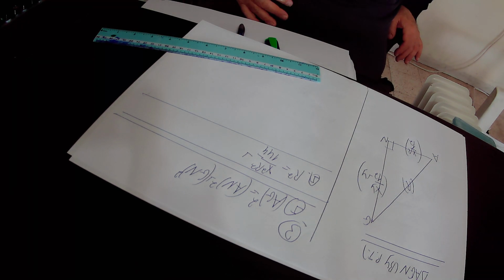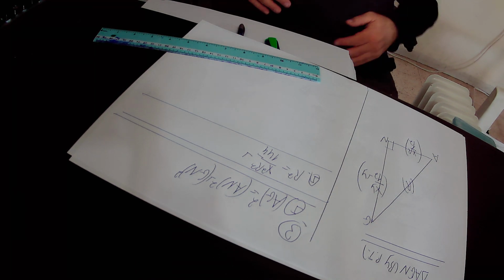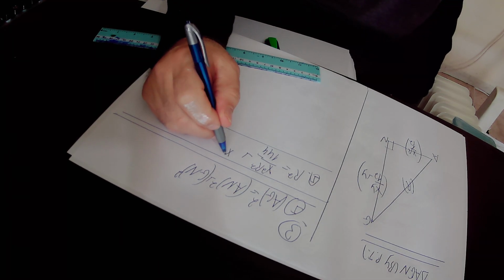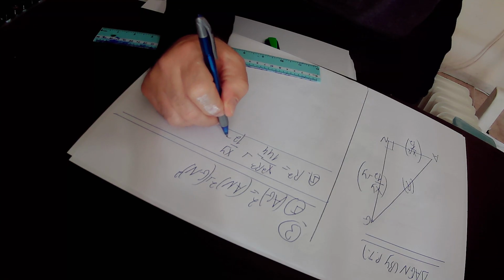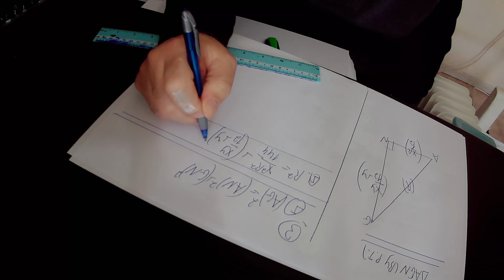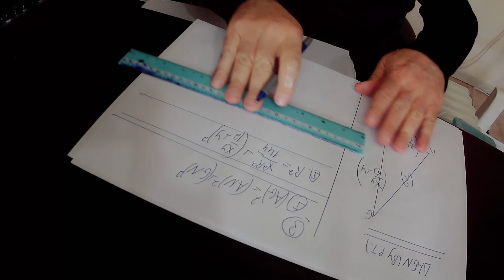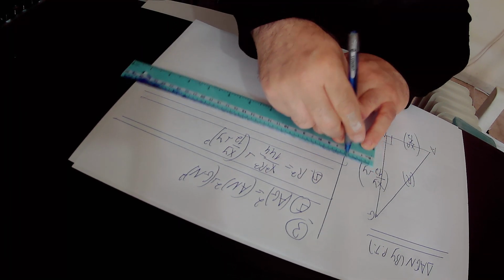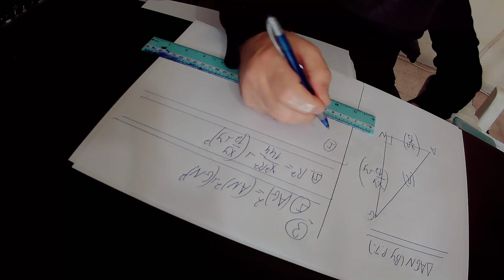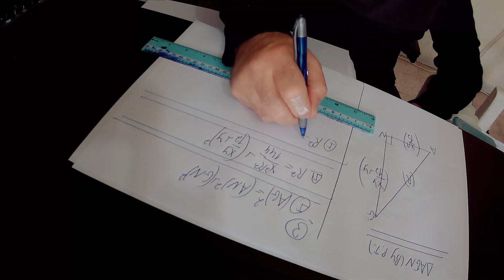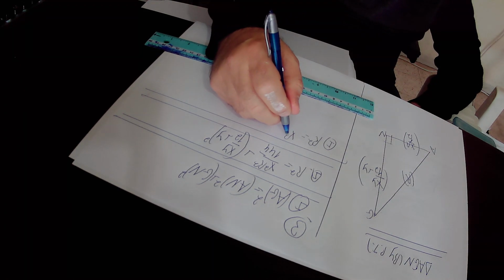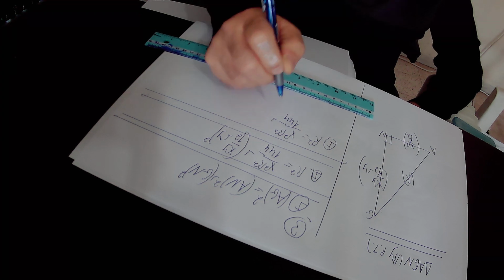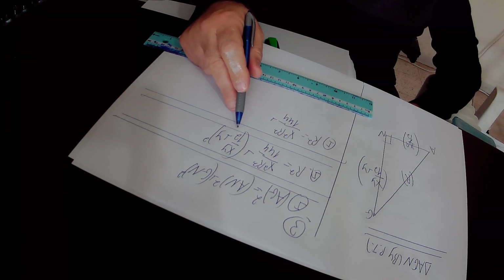GN equals xy over 12 plus y, therefore GN square equals (xy over 12 plus y) squared. So I write it down. According to equation 1, R square equals x squared times R square over 144 plus this expression.